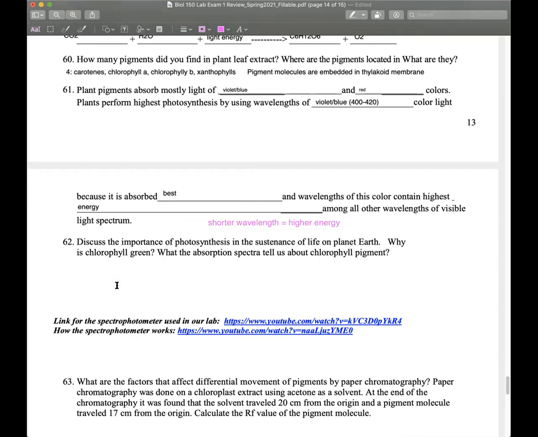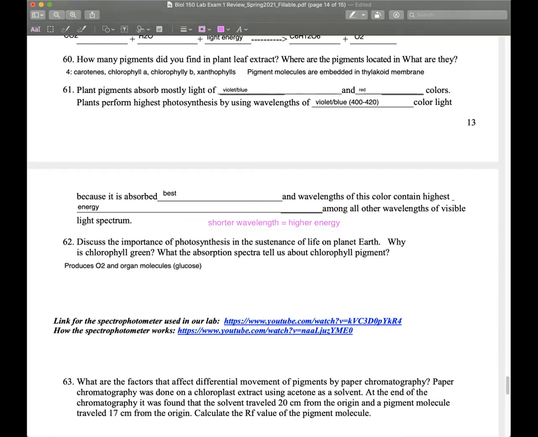Okay, so what does photosynthesis do for us? Why is it so important? Provides oxygen. Right, so it produces oxygen for us aerobic organisms, as well as what's its other product? Macromolecules. Yeah, organic molecules like our glucose.